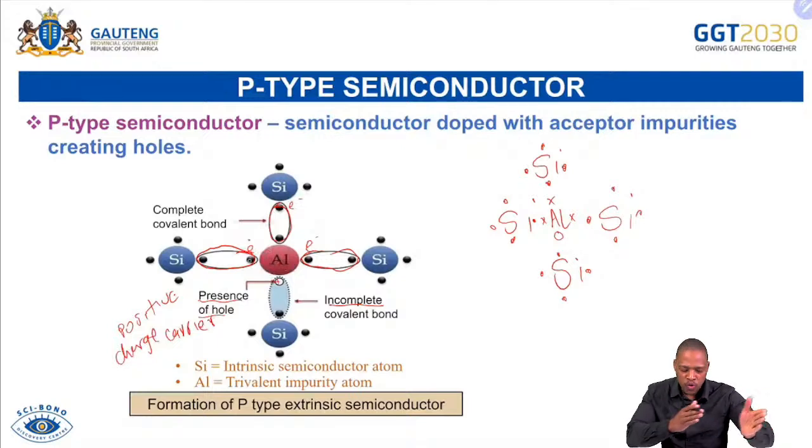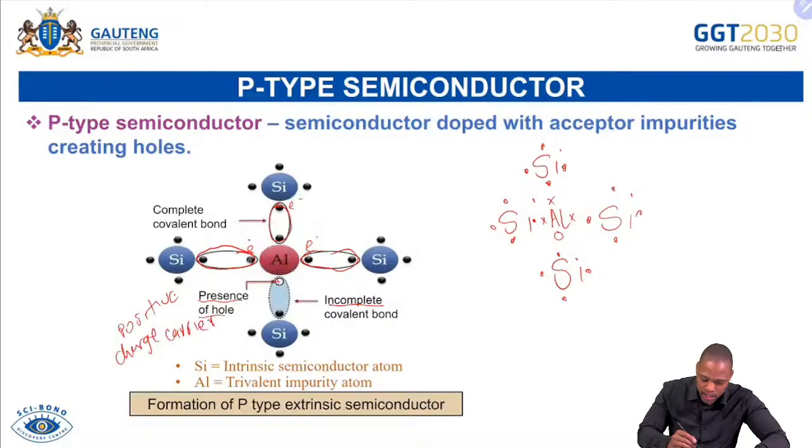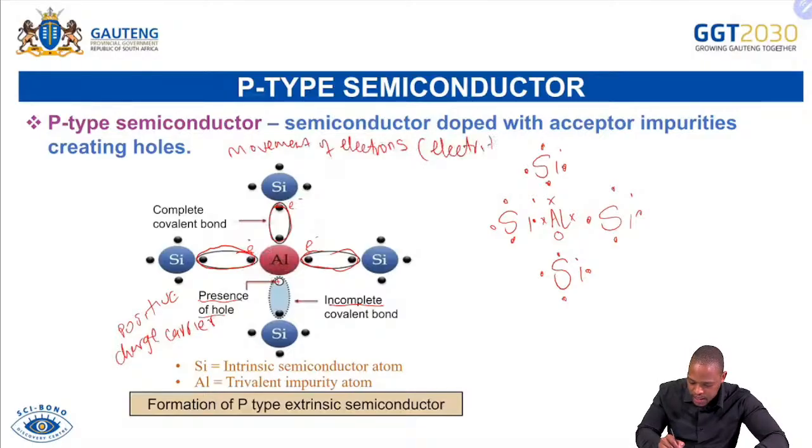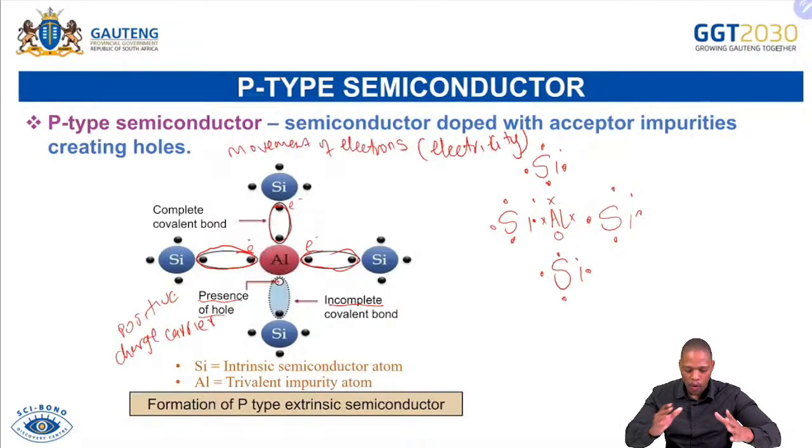So there's going to be this movement of electrons being attracted to these holes that are carrying positive charges. In that case, we are having a movement of electrons. And what is a movement of electrons? That is electricity. Grade 12. Now we are able to conduct electricity.